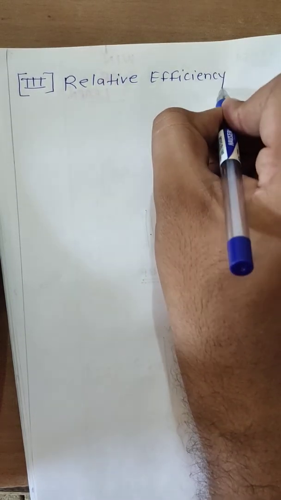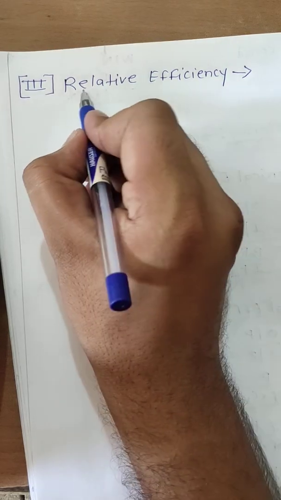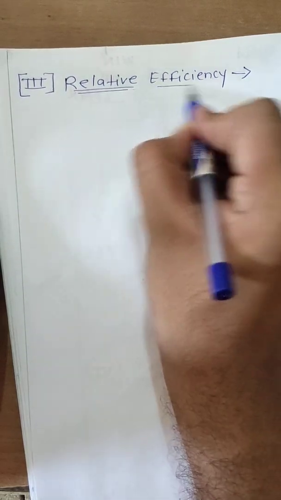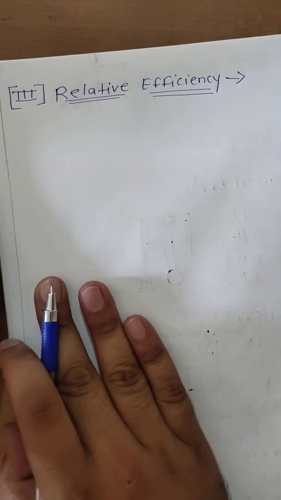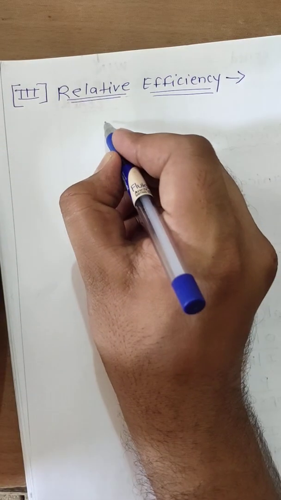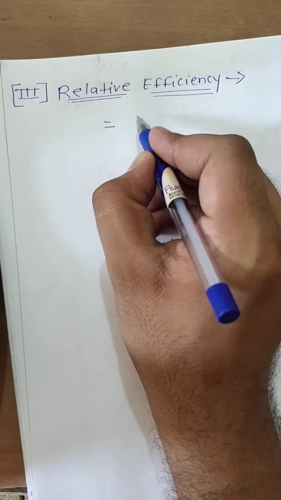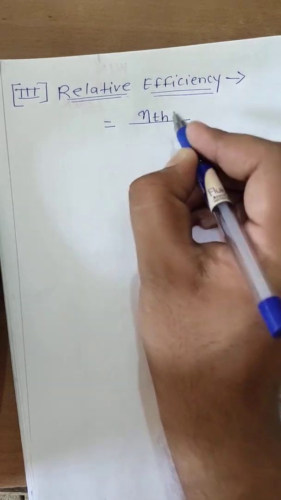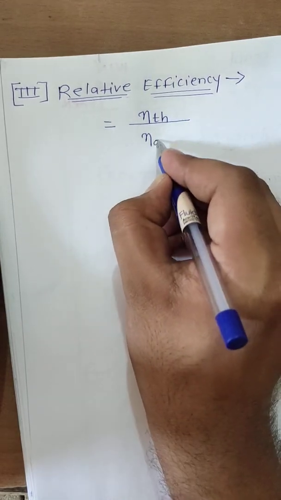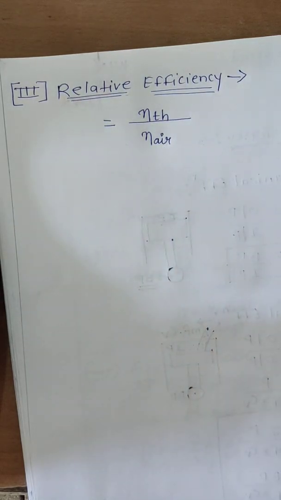See, the name itself suggests that we have to relate some efficiency, meaning compare some efficiency. I will compare my efficiency with the best, right? What I am going to do is compare thermal efficiency with the air standard efficiency. This air standard efficiency you have studied in applied thermodynamics. It is the ideal cycle, Otto cycle, right?